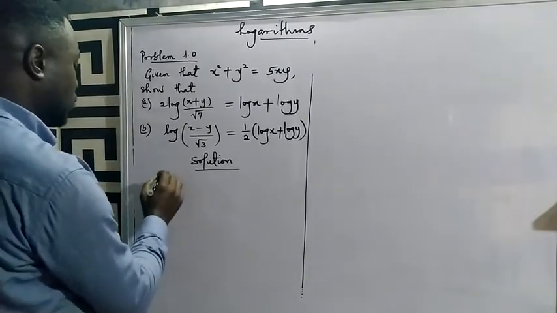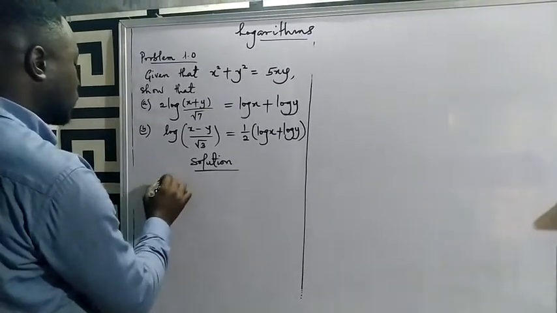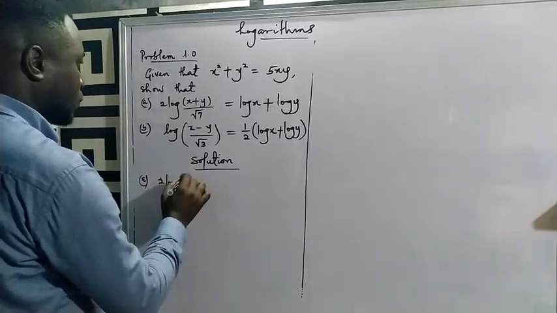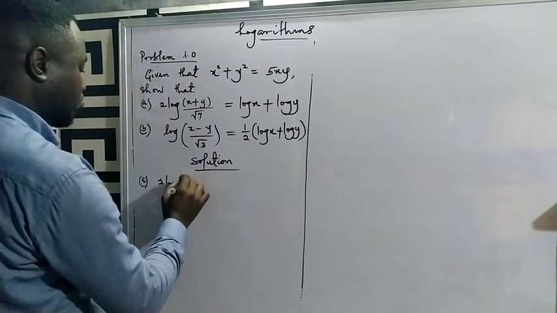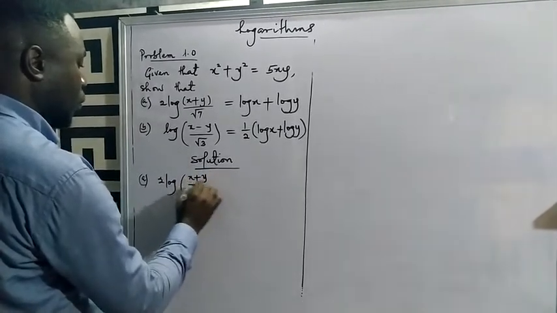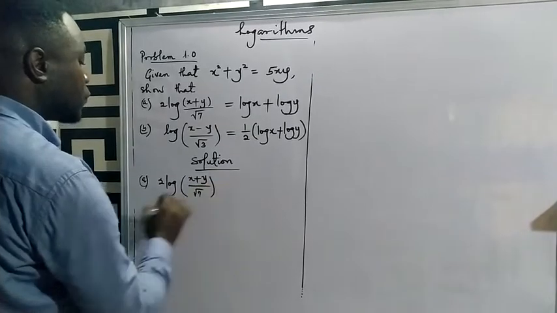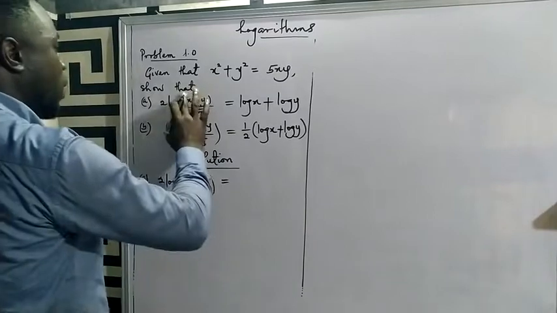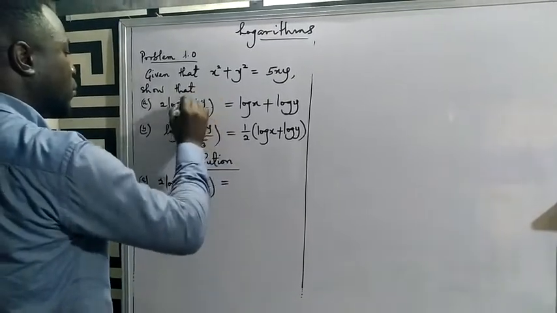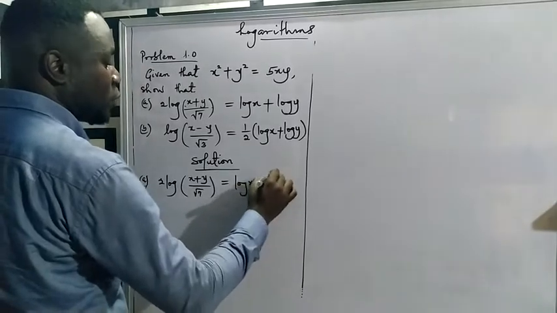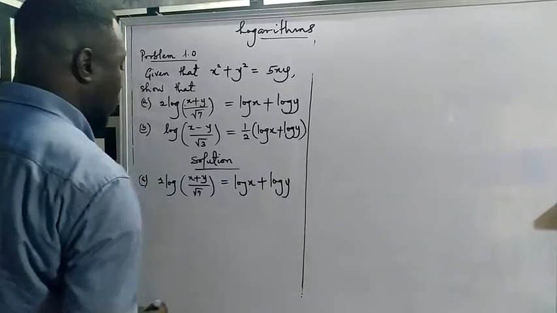This is 2 log, that's (a), into (x plus y) over root 7, which is equal to, basically this should be this, log x plus log y, right?